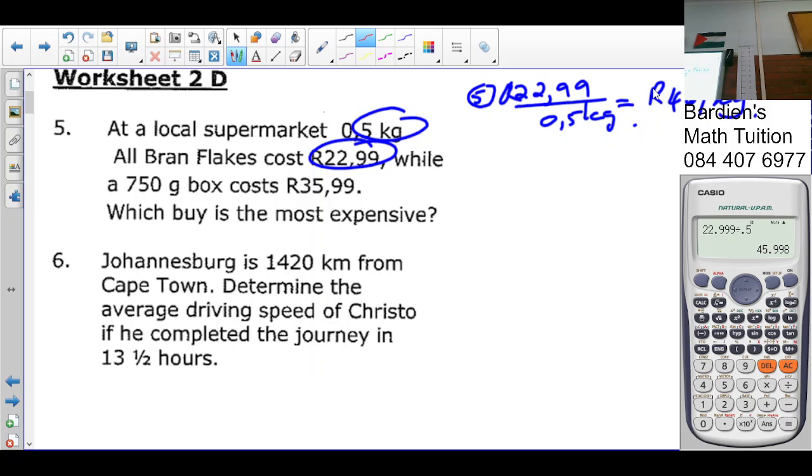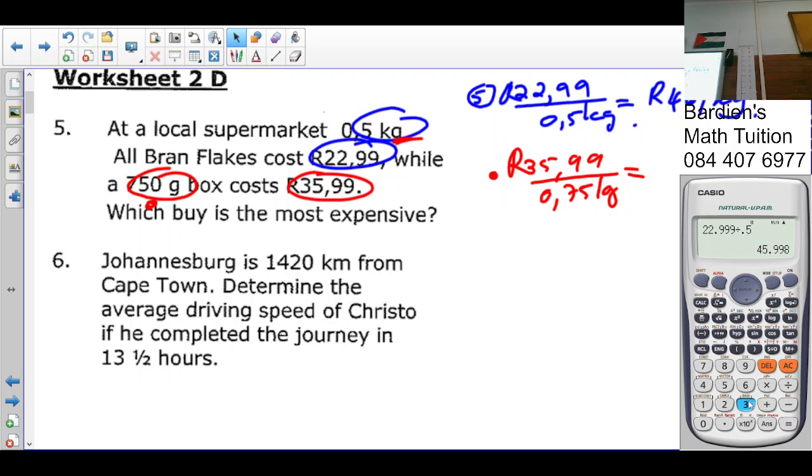Then in the second scenario, remember that we're comparing to kilograms. So I must convert that value to kilograms. Otherwise I'd have to convert that 0.5 to grams. It must be of the same unit, otherwise you can't do a comparison. So in the second scenario, you've got 35 Rand 99 cents divided by how many kilos is that? 0.75 kilograms, not so?